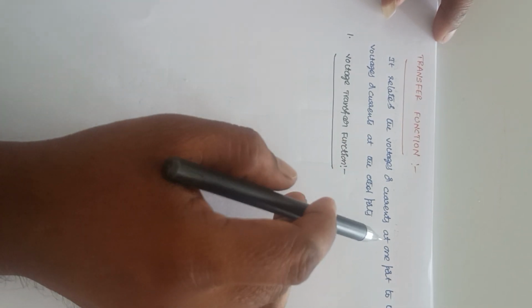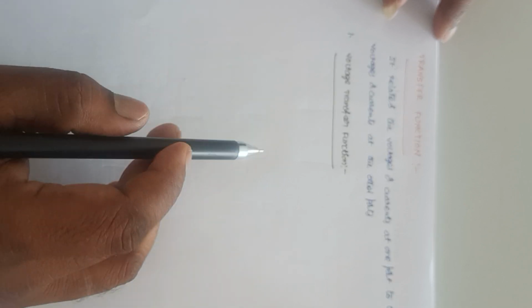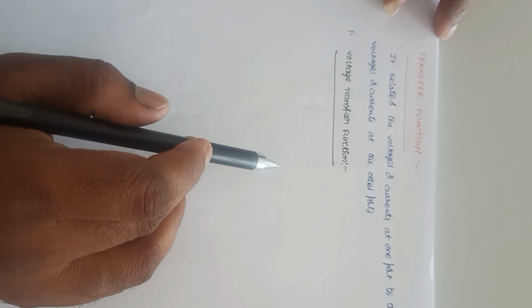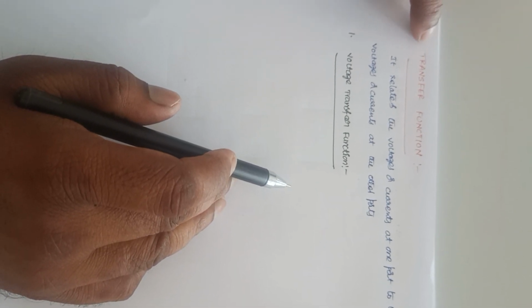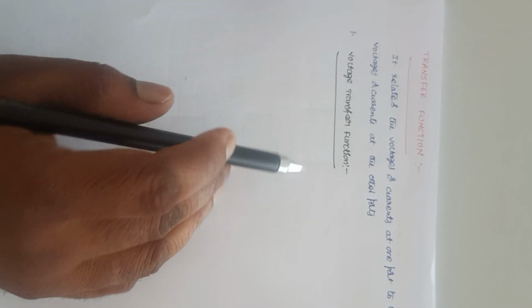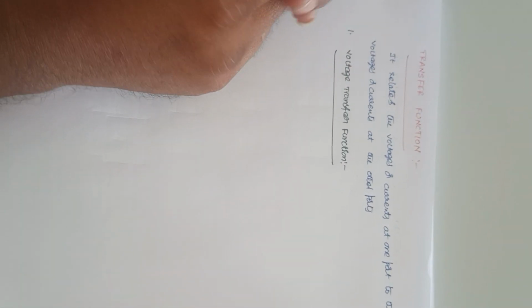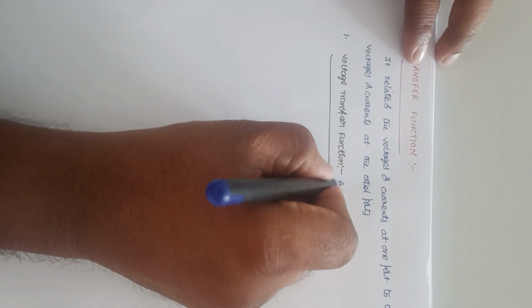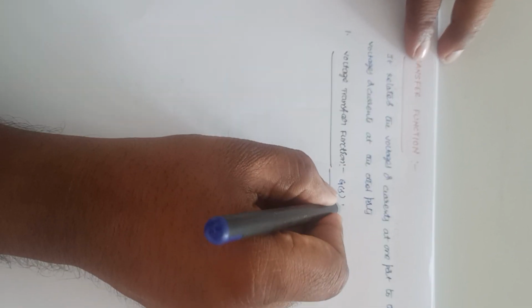That means two ports should be present here. But in case of one port network, only one port will be present. So for the transfer function, a two-port network is required. Voltage transfer function is normally denoted with G of s.